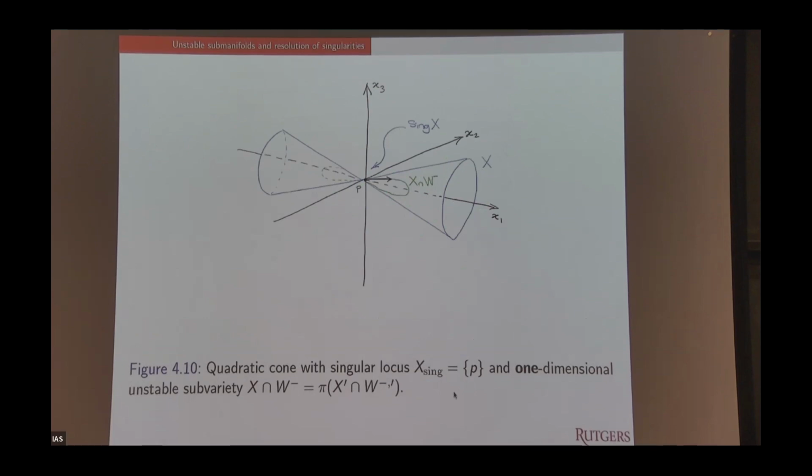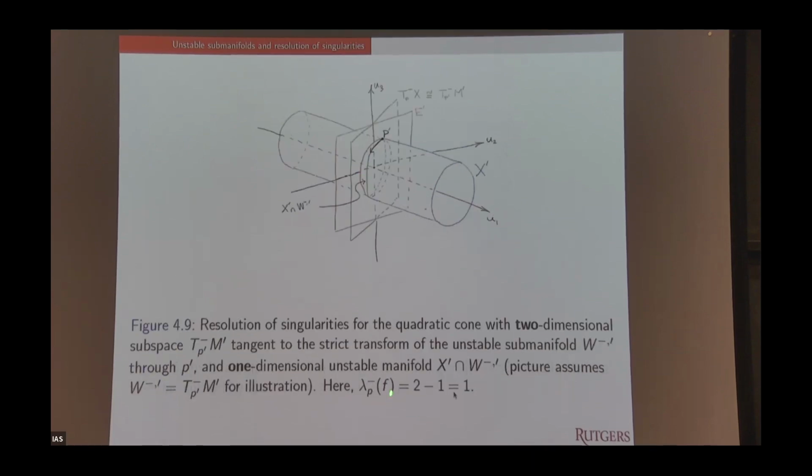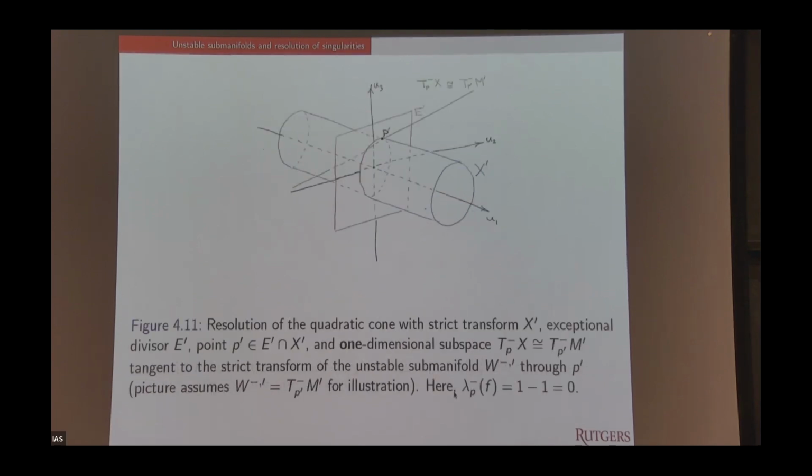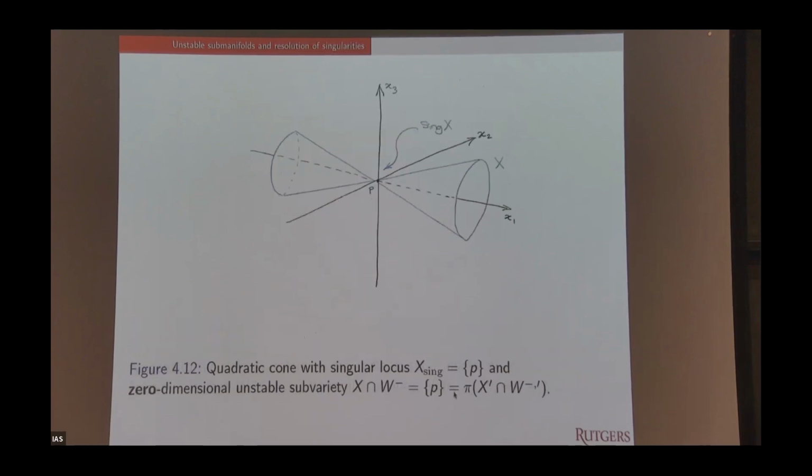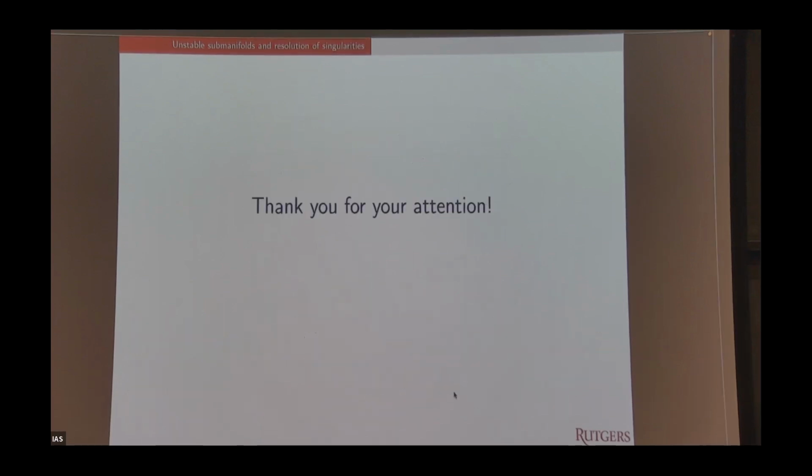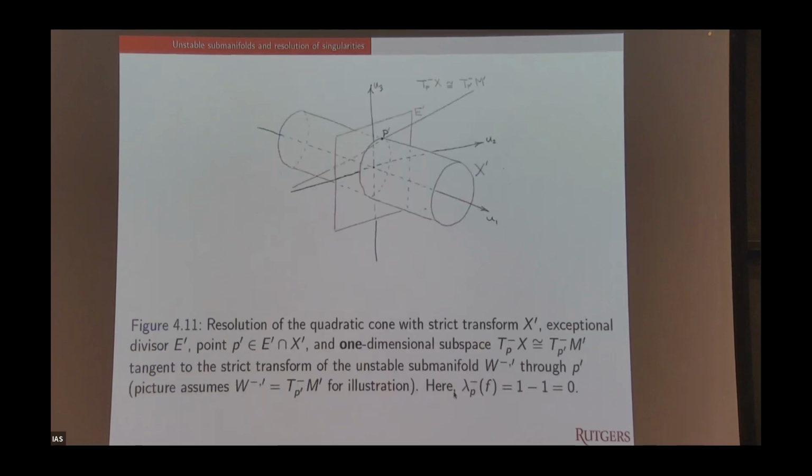Now, I mentioned here that the virtual Morse-Bott index was positive and that was important. So let's look at a case where the virtual Morse-Bott index is 0 and we can see what goes wrong. Okay, all right. So here, the unstable manifold has the same dimension as these tangent spaces.